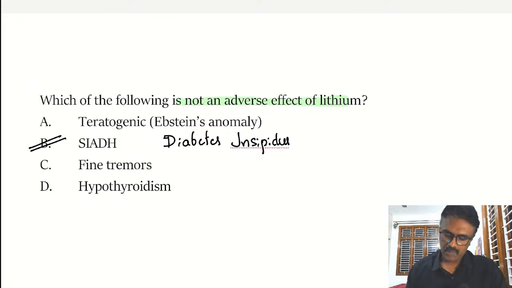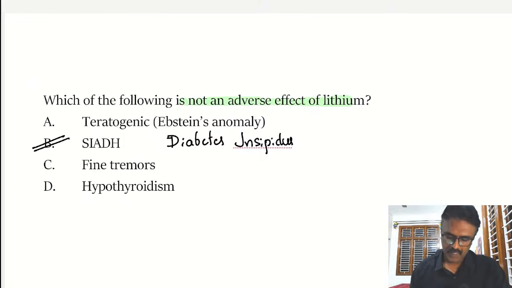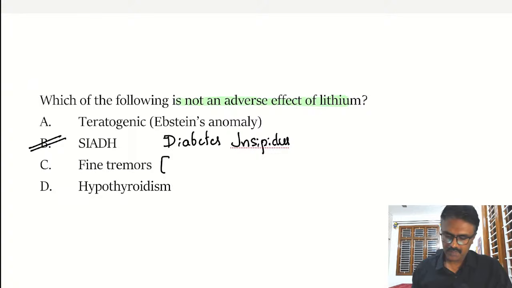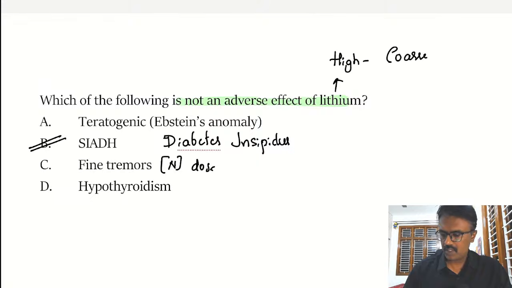And what are the other problems with lithium? At normal dose, it causes fine tremors. If lithium dose is high or lithium levels are high, you can see coarse tremors in the patient. Not only that, patient will have tinnitus, patient will have seizures.